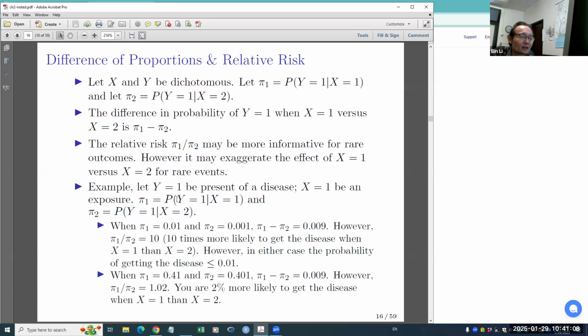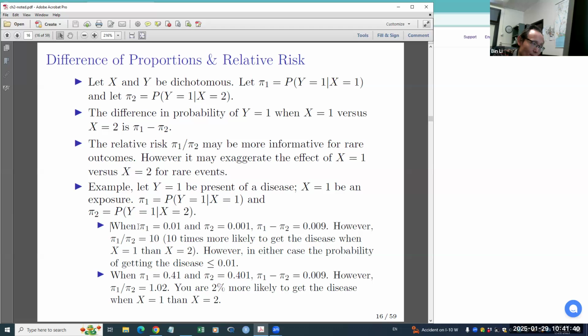That means pi1 and pi2 are about the probability of having a particular disease among the exposed population over the non-exposed population. Exposure means some risk factor in the environment.